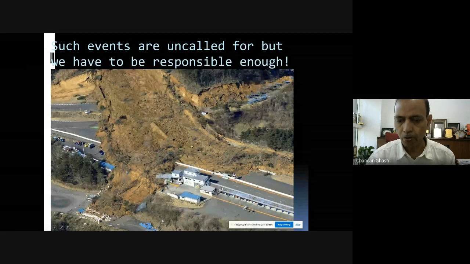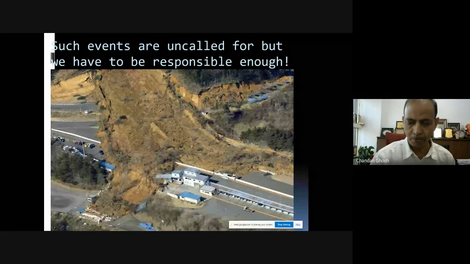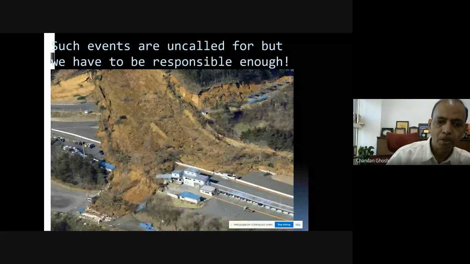We as engineers, road engineers, PWD or whoever works there, are totally held responsible for not getting prepared or not stabilizing the slope before, as it has happened in this manner. So there are certain things that we cannot do. There are certain things that we should have been able to do, which we did not.